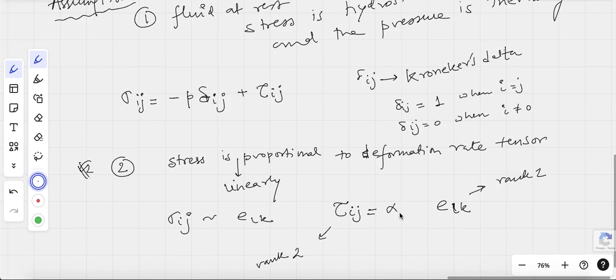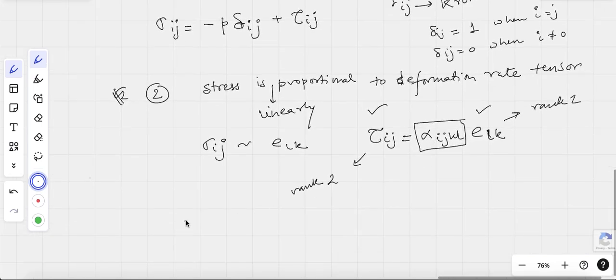If you want to relate these, you need a tensor of rank 4. So IJKL, this will be the rank 4 proportionality constant that will relate the shear stress tensor and the deformation rate tensor.